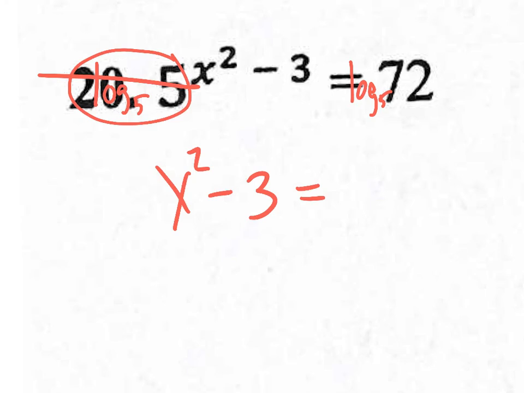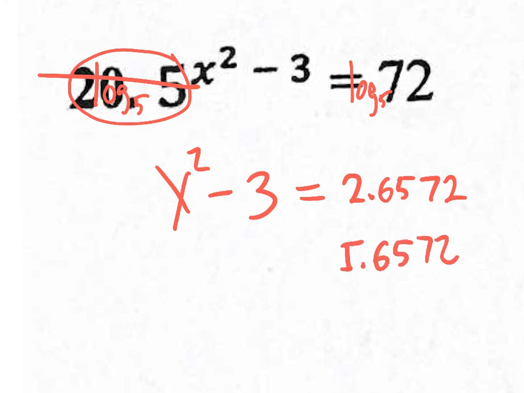equals 2.6572. And if you have your calculator out and you still have that value, 2.6572, all you got to do is add 3, hit plus 3, and it'll give you 5.6572. And that's because I added 3 here and added 3 over here. So what we have now is x squared equals that 5.6572.